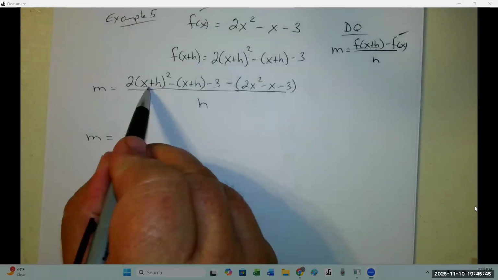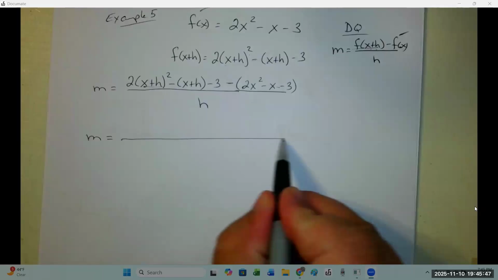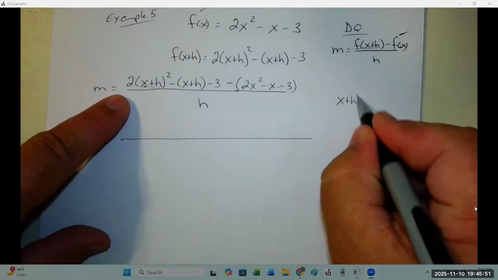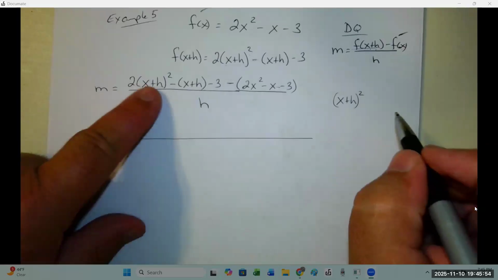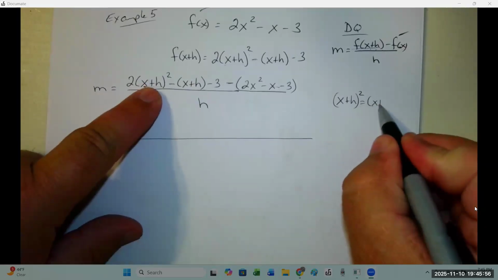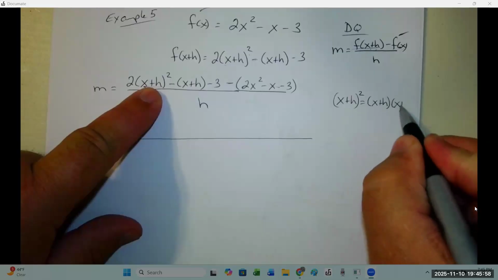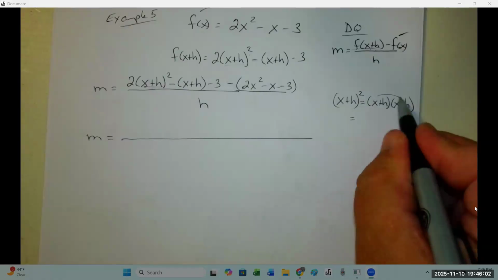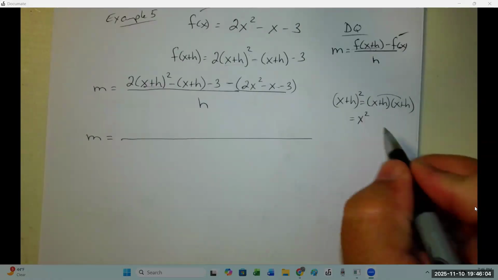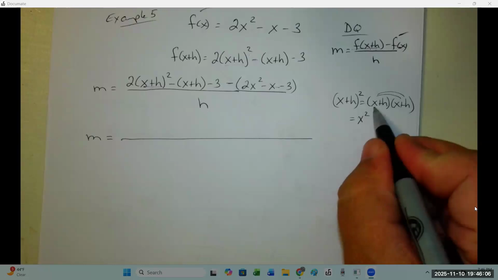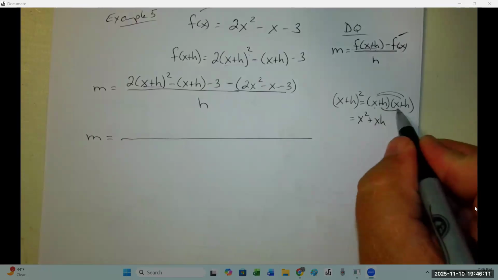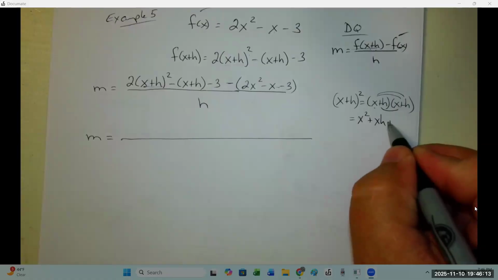So for the first one, we have to do the x plus h squared first, which is x plus h times x plus h. X times x is x squared. X times h is plus xh. H times x is xh.